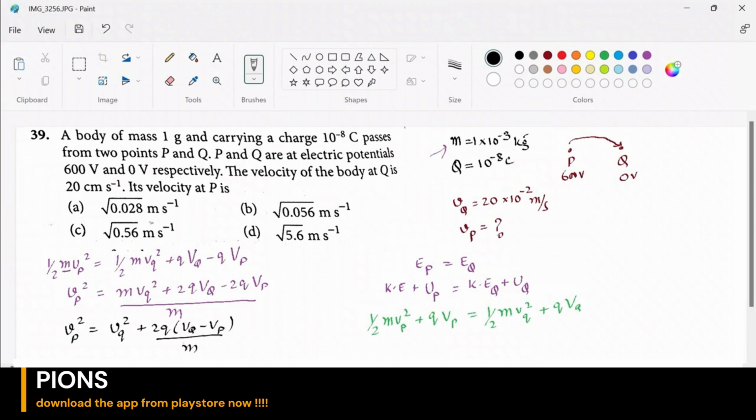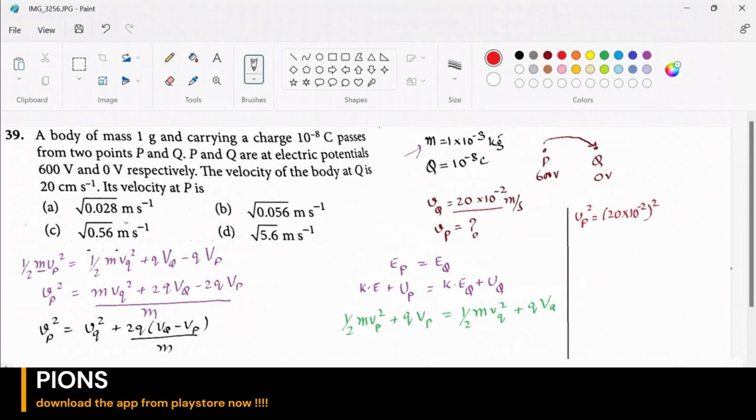Now here we will substitute our data. Whatever information is given regarding this problem, here I will substitute it. So velocity at point P square will be equal to velocity at Q. What's the velocity at Q? 20. So 20 into 10 to the power minus 2, whole square. Next is plus 2Q.